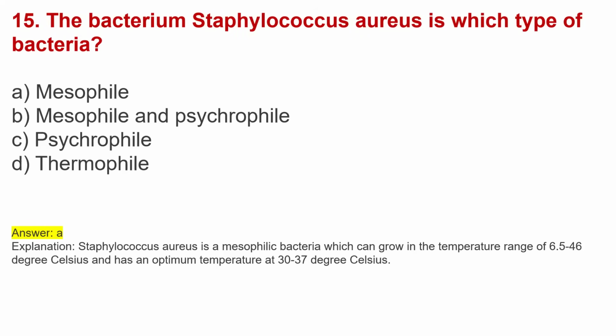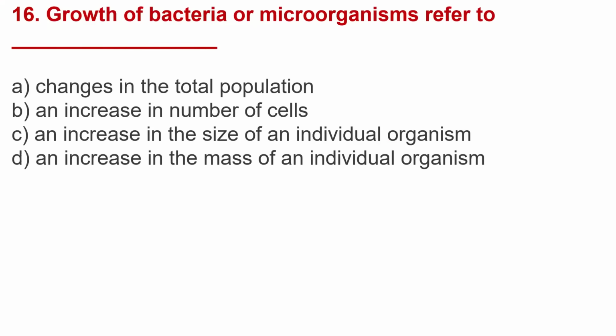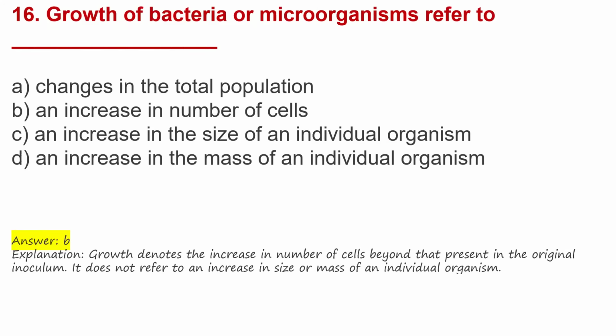Now question 16. The growth of bacteria or organisms is referred to as A, changes in a total population; B, an increase in number of cells; C, an increase in the size of an individual organism; D, an increase in the mass of an individual organism. The answer is B, an increase in the number of cells.